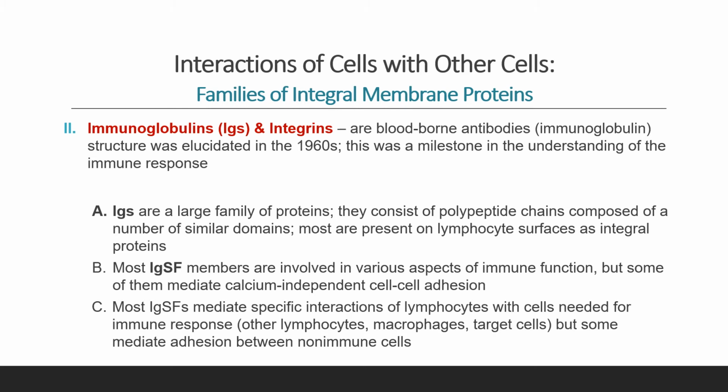Most members are involved in various aspects of immune function, but some mediate calcium-independent cell-to-cell adhesion. Most immunoglobulins mediate specific interactions of lymphocytes with cells needed for the immune response, for example targeting lymphocytes, macrophages, and target cells, but some mediate adhesion between non-immune cells.